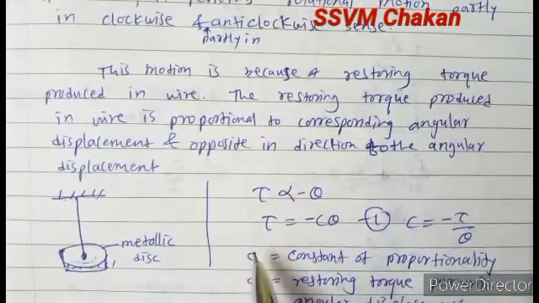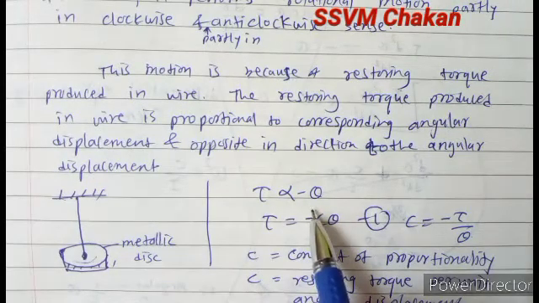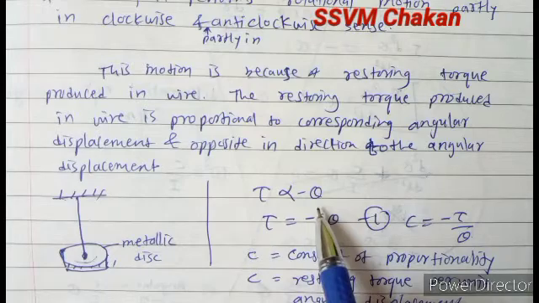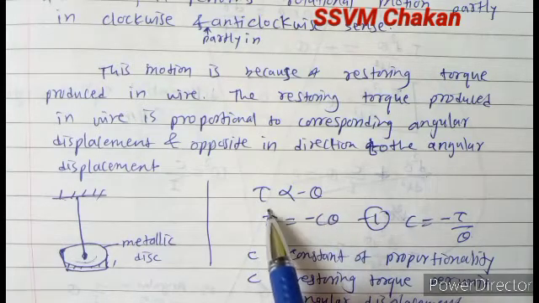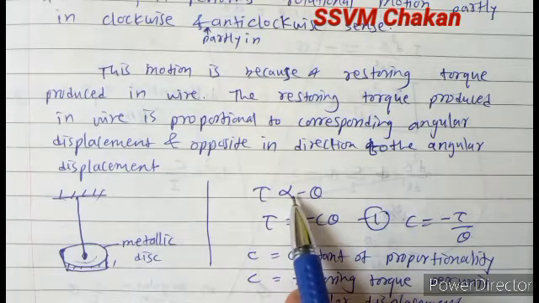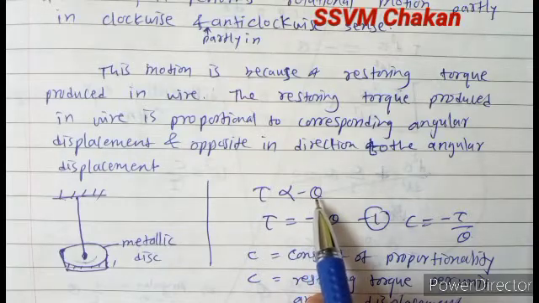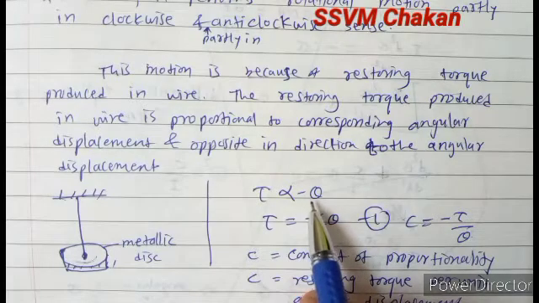The value of that torque is directly proportional to the angle through which the disc is displaced. So torque tau is proportional to angular displacement theta, but the direction is opposite, so a negative sign is taken.